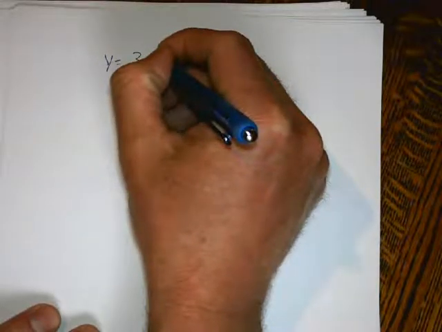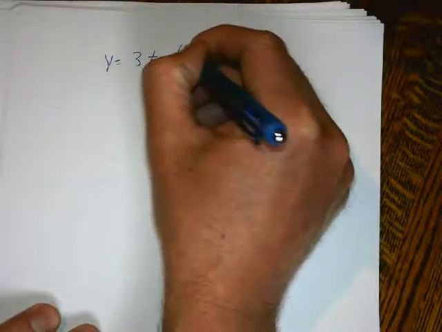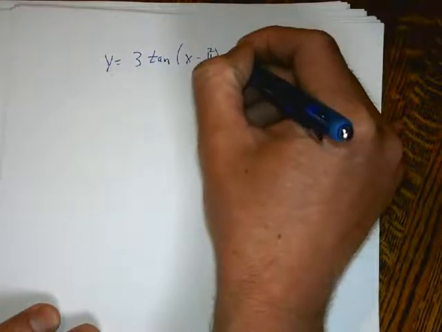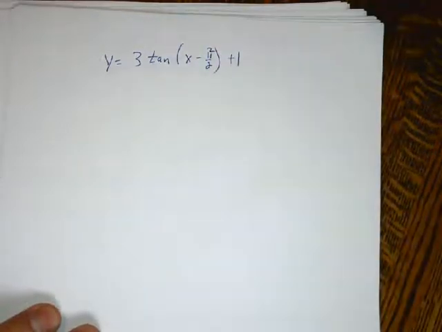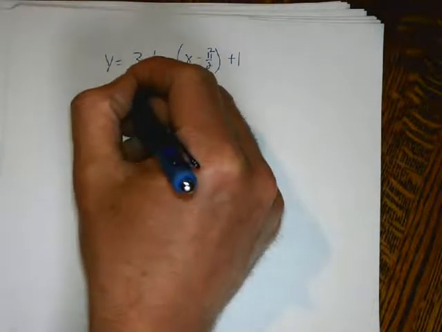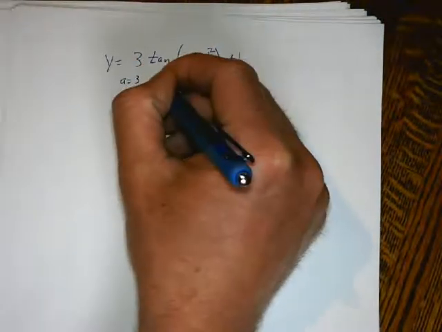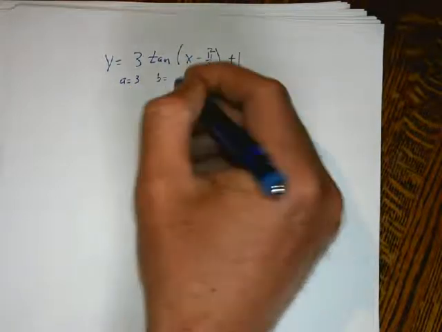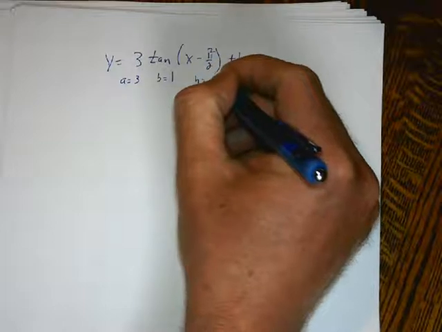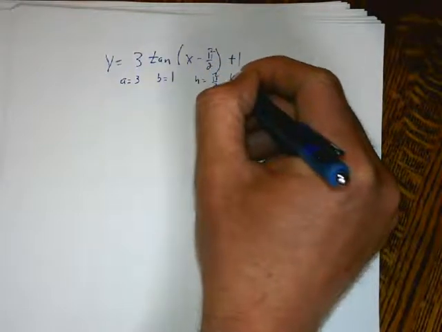Let's see, y equals 3 tangent of x minus pi over 2, and we'll do a plus 1. Okay. Always start with the basics. Your a value is 3. Your b value is just going to be 1, so that was a nice easy one I gave you there. Our h is pi over 2, and our k value is 1.